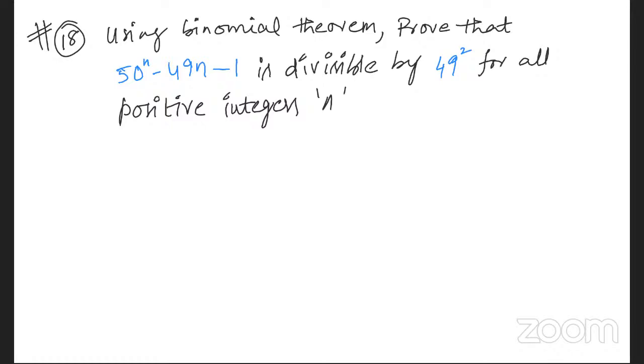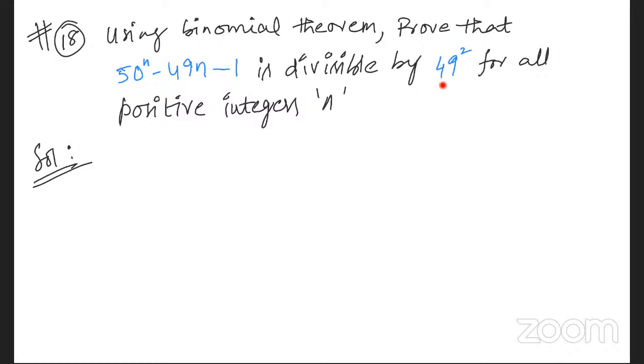Let us see the solution. So using binomial theorem, you have to prove that 50 to the power of n minus 49n minus 1 is divisible by 49 square for all positive integers n.